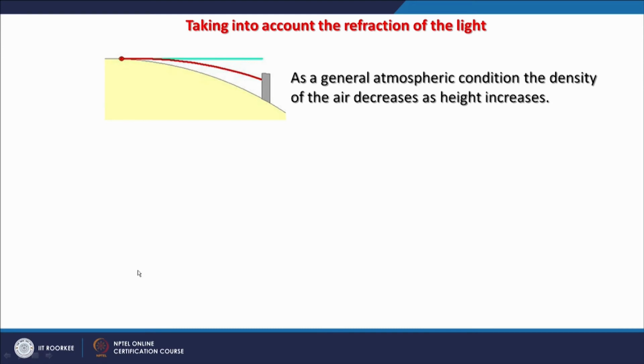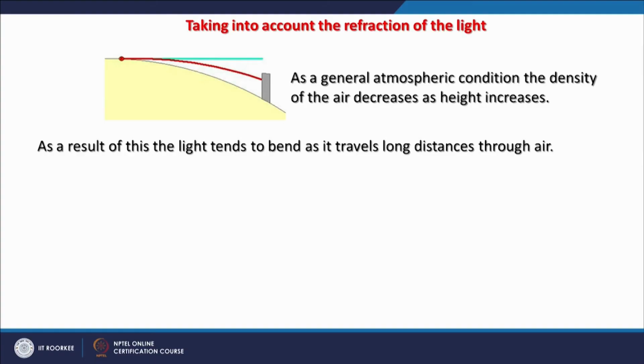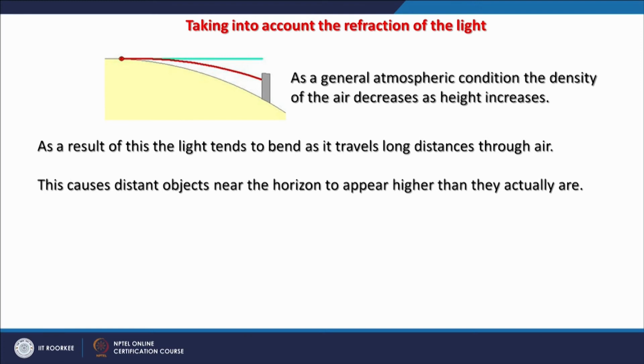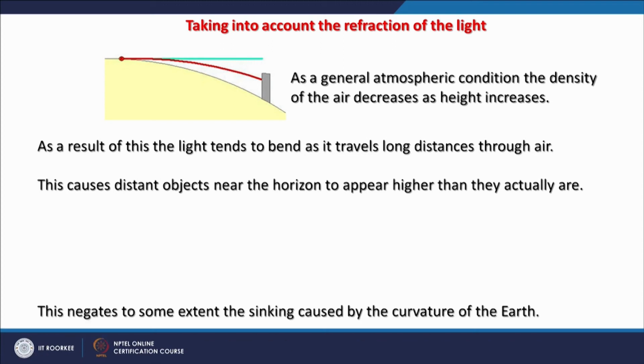So, taking into account the refraction of the light, as a general atmospheric condition, the density of air decreases as height increases, and as a result the light tends to bend as it travels long distances through air, and this causes distant objects near the horizon to appear higher than they actually are. And instead of feeling here, you may have a feeling that the target or the height of that location or point is much above.